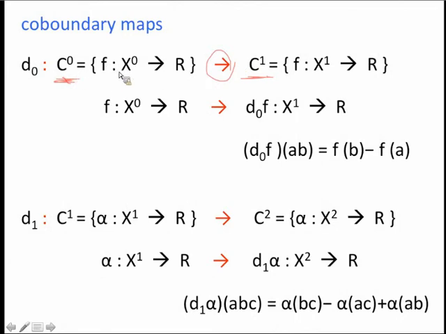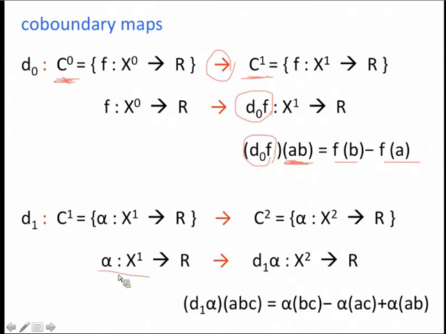So if I have a function defined on vertices, I can create a function defined on edges, and the way we create it is we're assuming everything is oriented. So I define this function on this edge to be f of b minus f of a. So we remove the first term, becomes f of b, remove the second term, minus f of a. So we do this alternating sum.